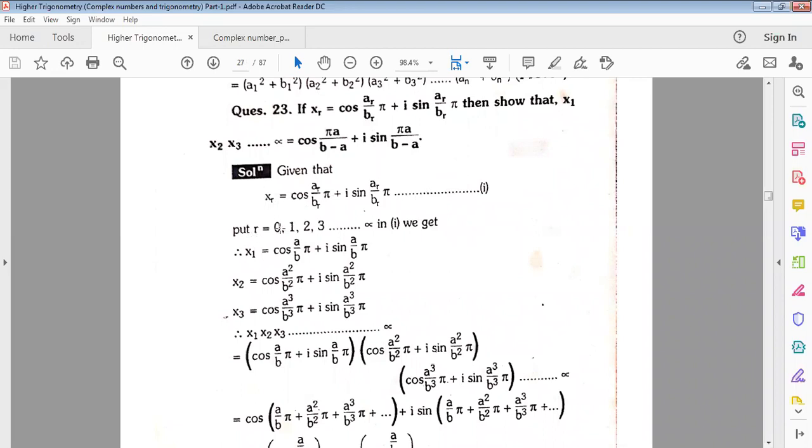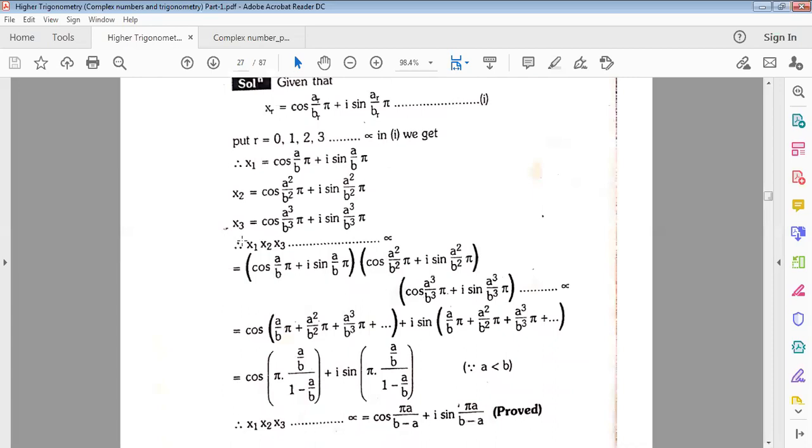Now putting r equals to 0, 1, 2, 3 up to infinity, we get x1 equals to this, x2 equals to this, and x3 equals to this. There are infinite numbers of x. Now taking the multiplication x1, x2, x3 up to infinity, we get this x1, this x2, and this x3 dot dot up to infinity.